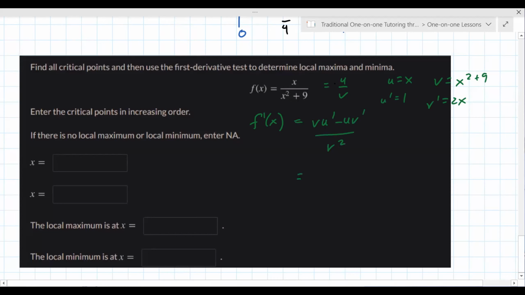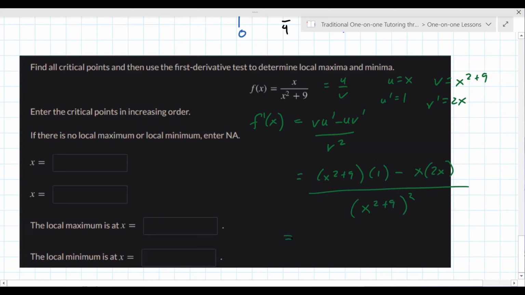You have to be able to quickly recognize what it is and then apply the formulas and then work it out here. So it's x squared plus 9 times 1 minus x times 2x all over x squared plus 9 squared.